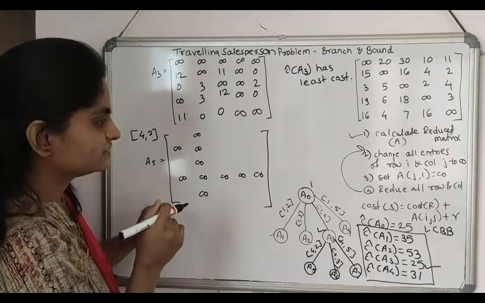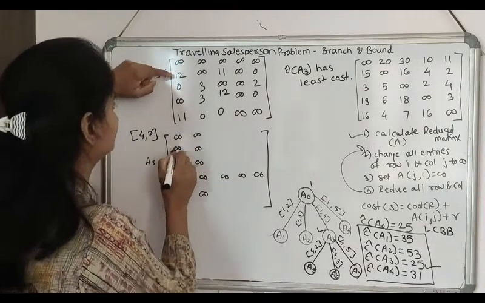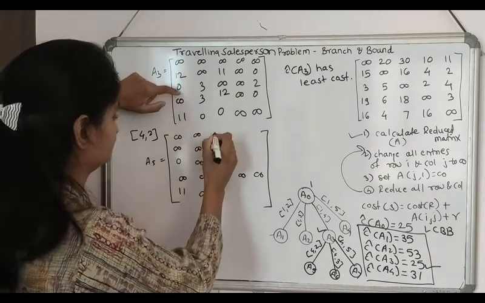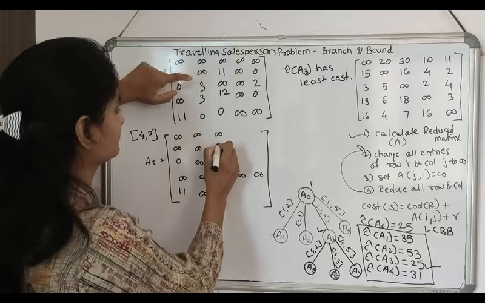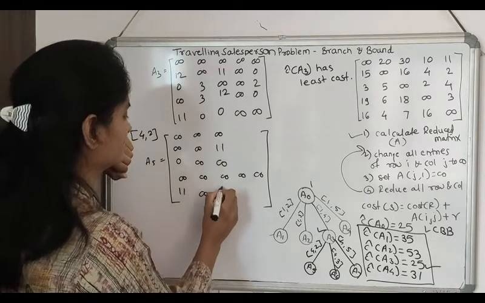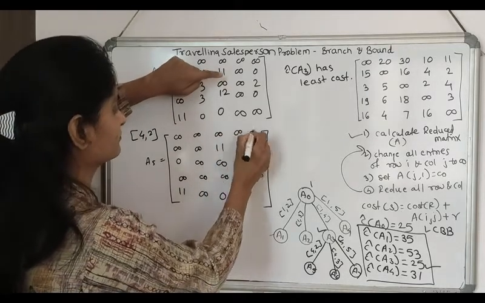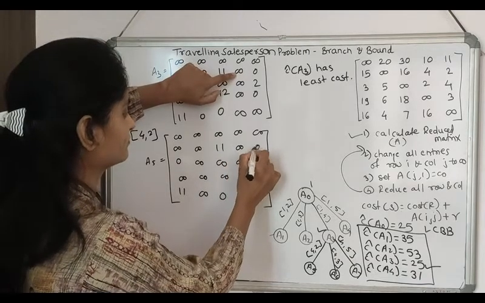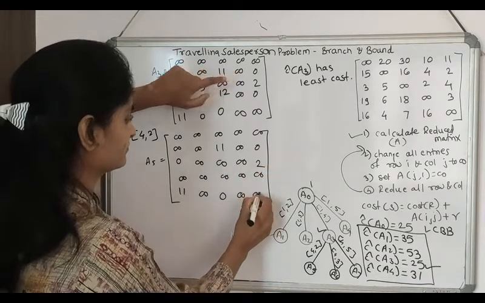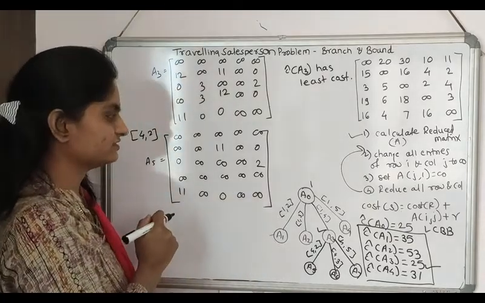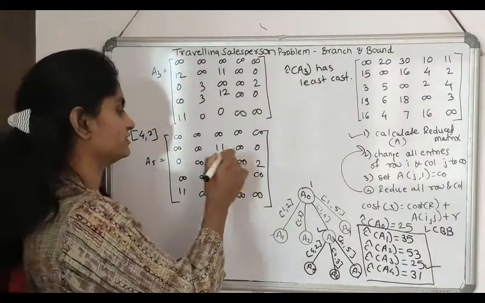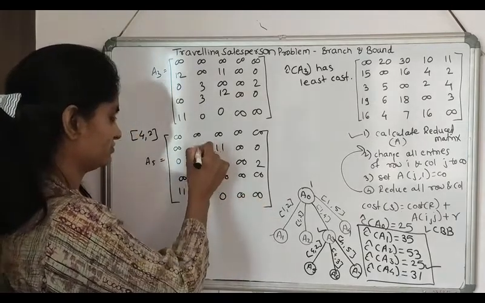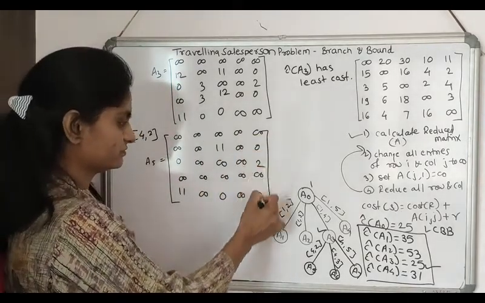Then the remaining entries: check whether every row contains 0 and every column contains 0. Here is 0, 0, here is 0, 0, 0, 0.